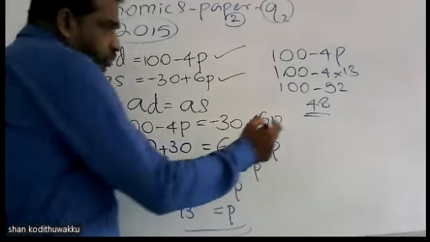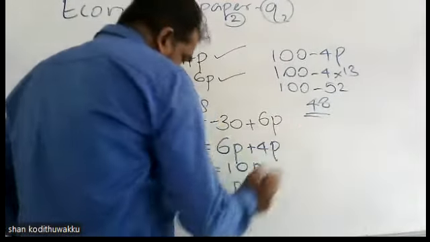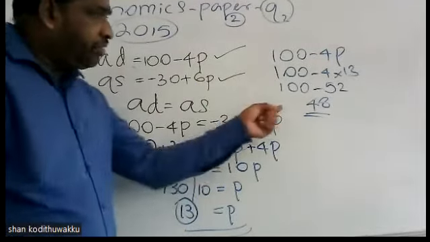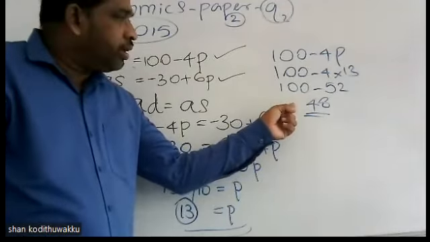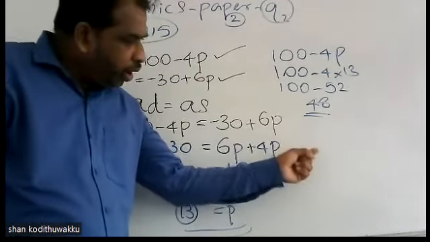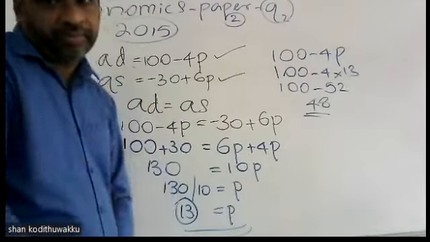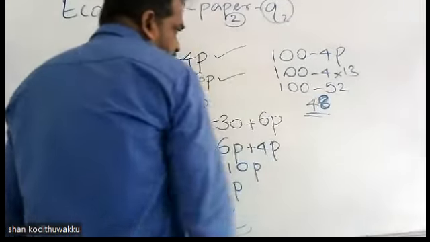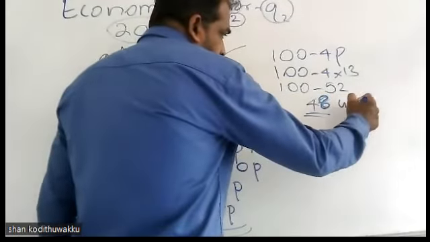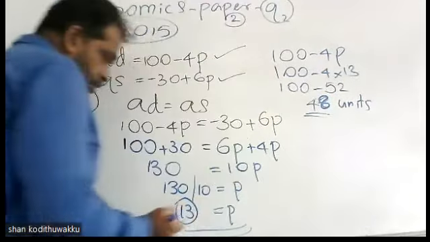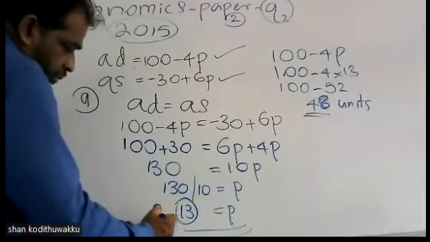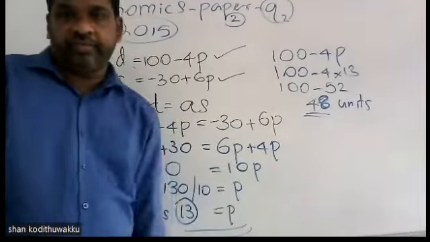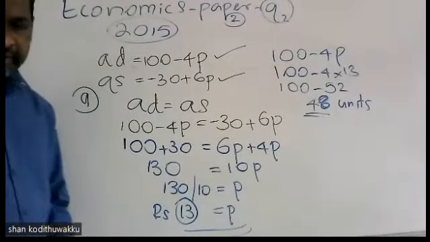Therefore, at market equilibrium, price 13, quantity supplied will be 48, and quantity demanded also will be 48 units. Here, 13 rupees market price and 48 units. That is the part A answer.